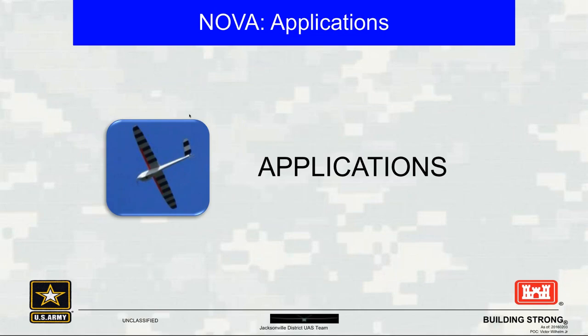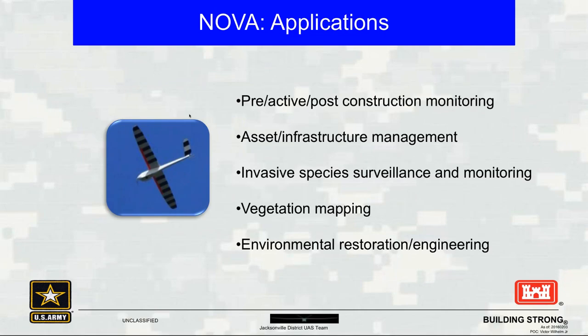So the applications of this, we'll move on to slide 23, I believe, Chuck. Within the Corps, it's pre-construction, active construction, and post-construction monitoring. That's a big deal within our engineering and our construction branches. Asset infrastructure management, just to keep an eye on things.